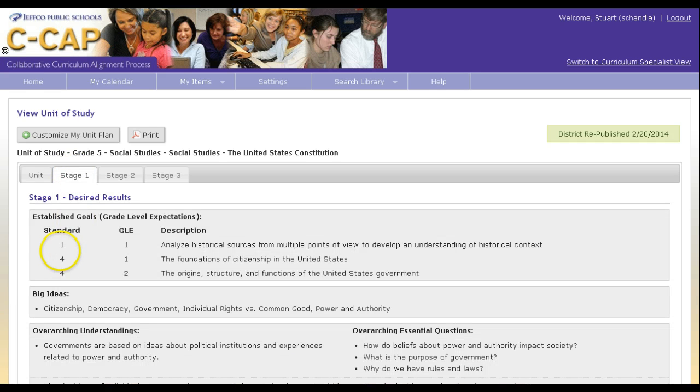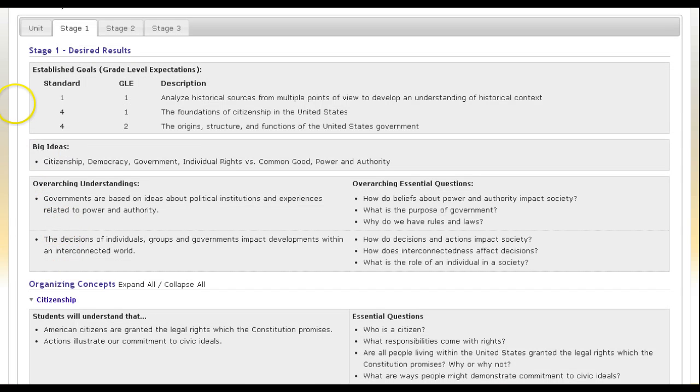As we go to stage one, I always like to make sure teachers understand how stage one is laid out. This very first section gives us a broad overview of the unit. The very first box is going to be the standards from the Colorado Academic Standards, and you'll see how these standards become dissected and have different components as part of what students should know, understand, and be able to do.